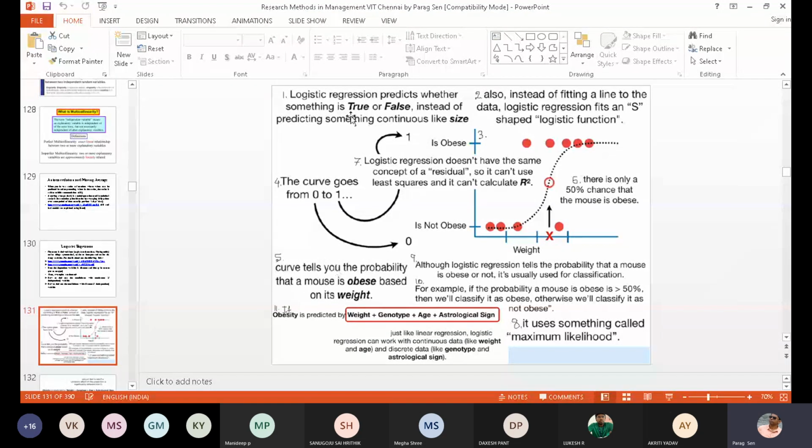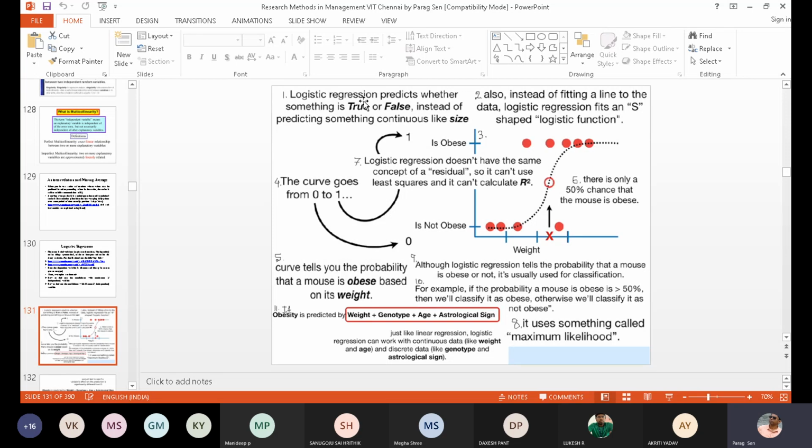Okay, logistic regression doesn't have the same concept of a residual, so it cannot use least squares and it cannot calculate R square. The way logistic regression provides the values of the coefficients is not based on the concept of residuals, because here you are not getting a straight line.